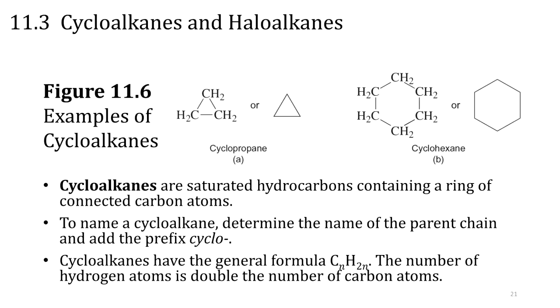So cyclopropane is C3H6, cyclobutane is C4H8, cyclopentane is C5H10, cyclohexane is C6H12. And you can see here we've got our structural formulas or our line representations. Either one of these is good to show us what we have.